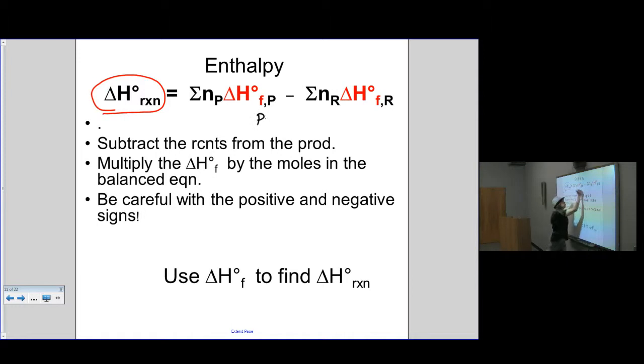Remember, this is products minus reactants. It always has to be set up like that or your signs are going to be wrong. You'll need to multiply delta H of formation by however many moles there are in the balanced equation. And you also really have to pay attention to your positive and negative signs.